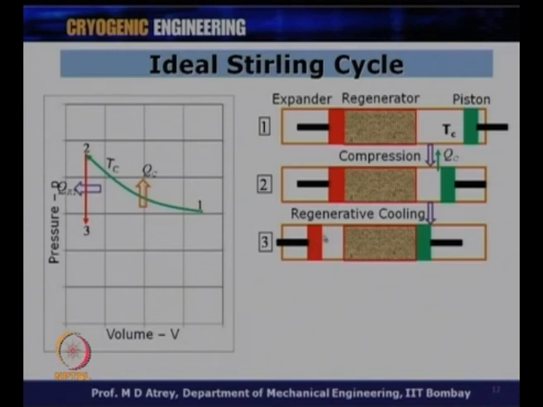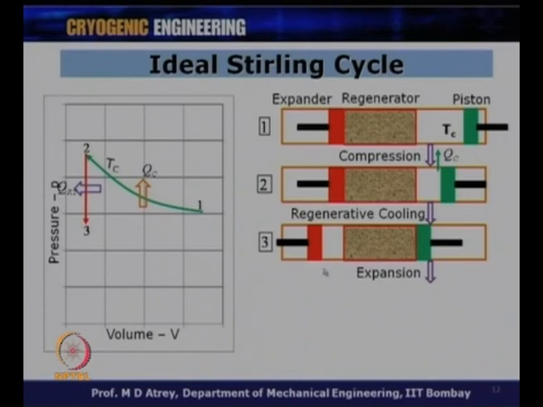That is the way we can achieve a constant volume process in the ideal Stirling cycle. So, the 2 to 3 process is constant volume. During this process, the gas will give up its heat to the regenerator matrix, and the matrix will store the heat, during which time the pressure will come down. As you can see, the expander piston has come back and the volume has been kept constant. This is what we call regenerative cooling.